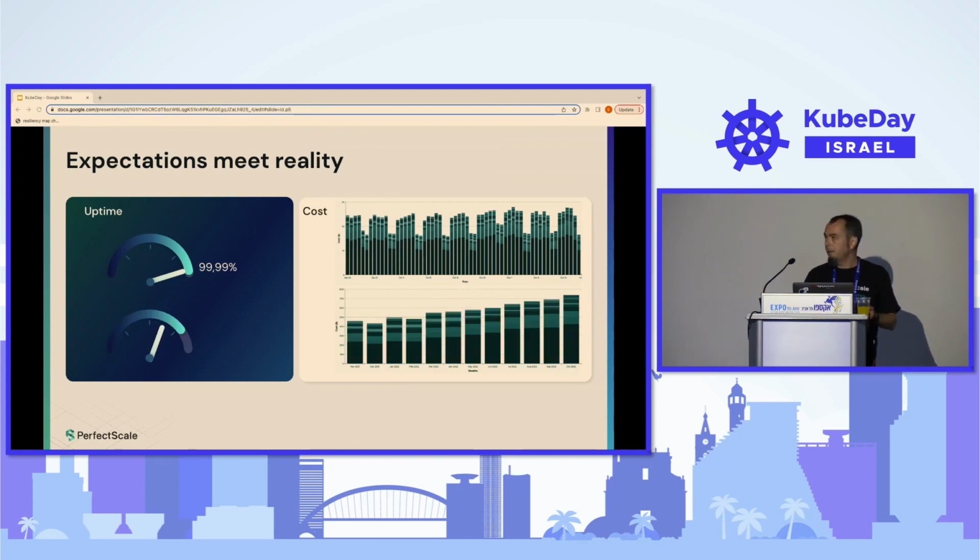But the reality was a little bit different. What I found over time is that my SLAs were not so good in the spikes, and my cost was constantly growing. This was the point where I decided to dive in and understand a little more about how it works.